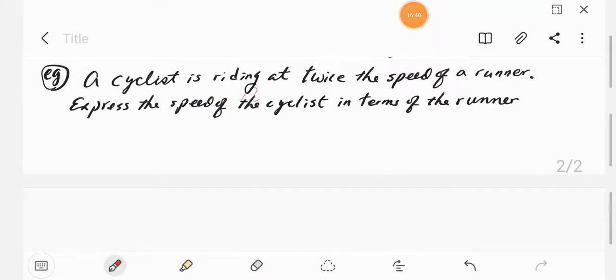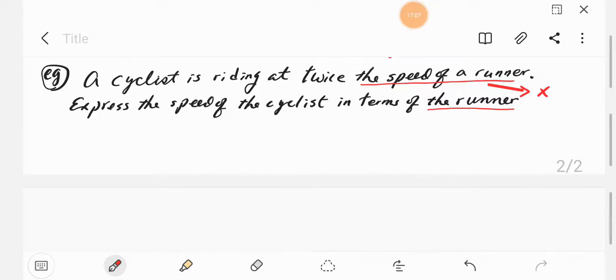Okay, a cyclist is riding at twice the speed of a runner. Express the speed of the cyclist in terms of the speed of the runner. So let x be the speed of the runner, like x miles per hour.